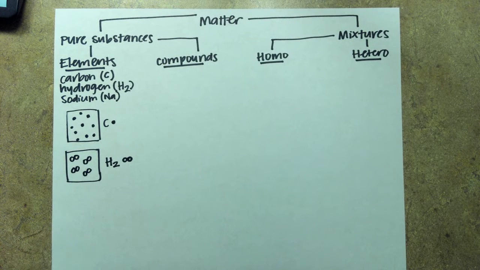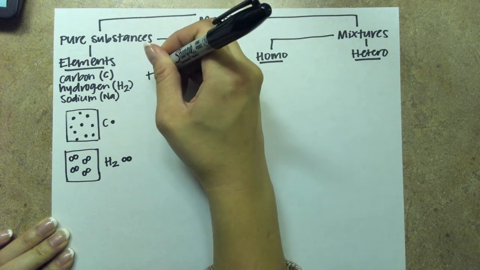All right. Again, when we look at pure substances, another category of pure substances we can look at are compounds. And so compounds can be chemically separated. So an example of a compound would be something like table salt.